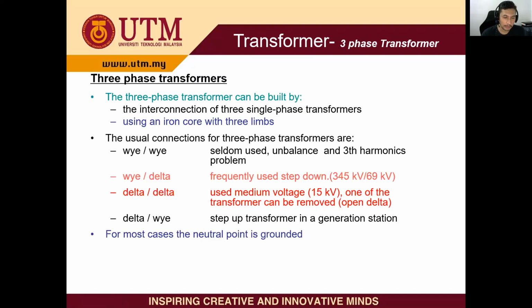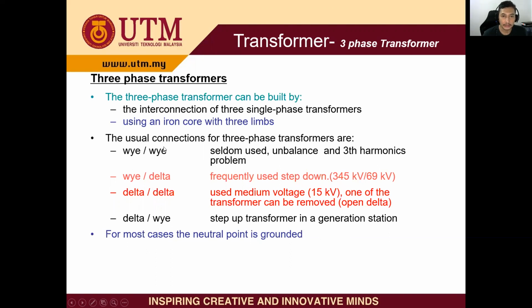So we have finished with the auto transformer. Now this is a three-phase transformer. The three-phase transformer can be built by either the interconnection of 3 single-phase transformers or by using an iron core with 3 limbs.